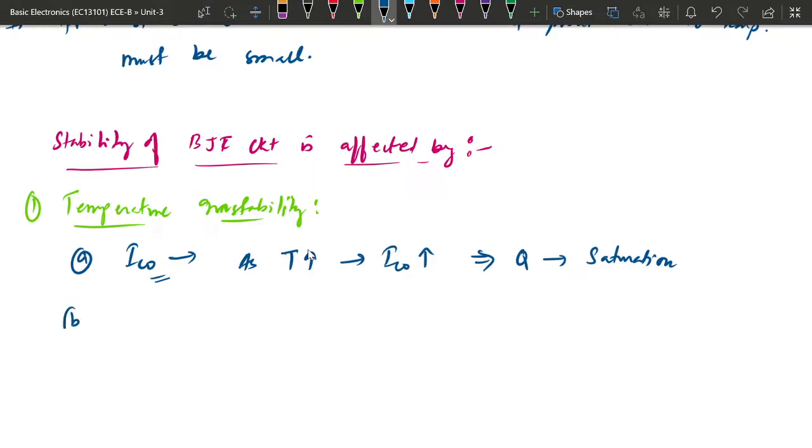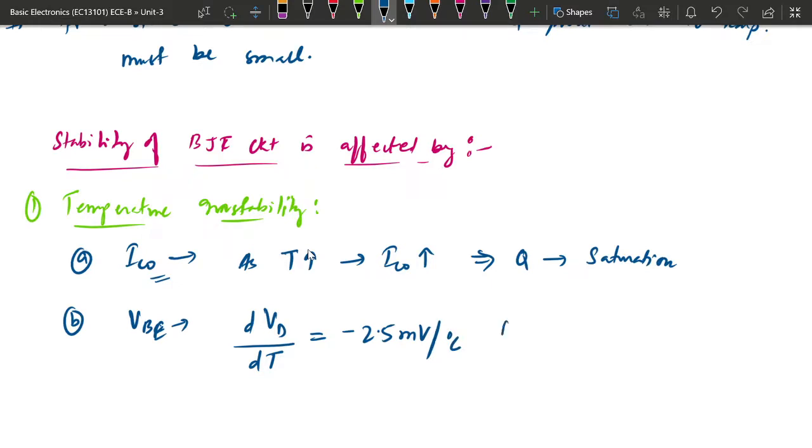Okay, the second is VBE, the base to emitter voltage. In case of a diode we have seen that the diode voltage, VD, was changing with respect to temperature. That means dVD divided by dT was like 2.5 millivolt per degree centigrade.